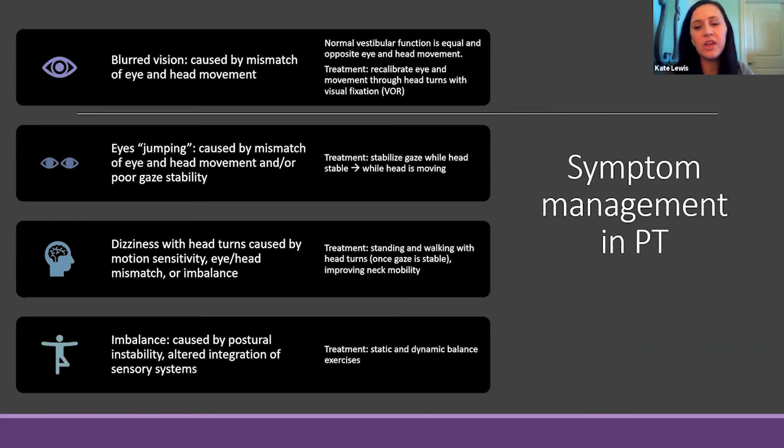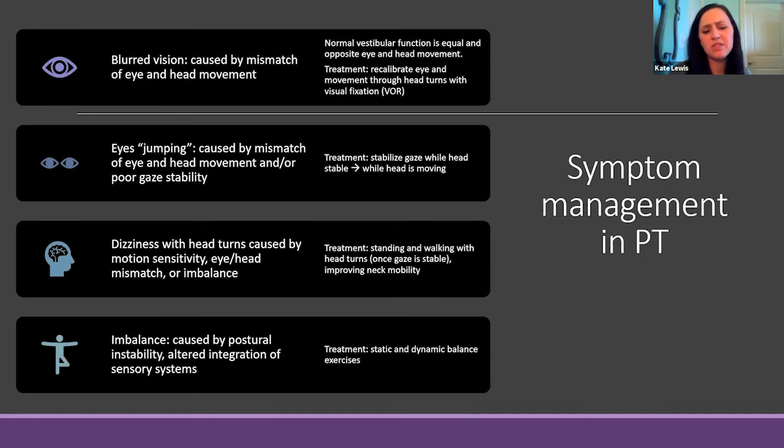And then when we move the head, the eyes are moving normally as well. So I see that a lot with vestibular migraine, with post-concussion. The patient has a hard time with gaze stability when their head isn't moving. And so that's where we start first.